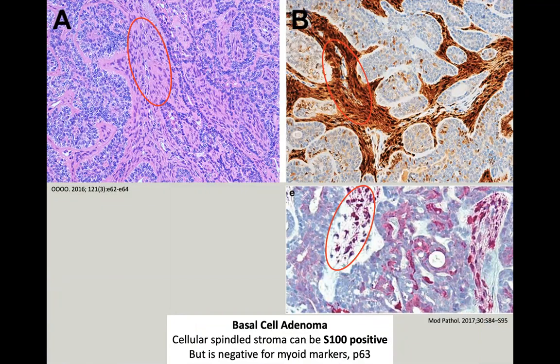Interestingly, in the basal cell adenomas, you have S100 diffuse strong positivity in these spindle cells of the background stroma between these nested glands and ducts. So just something to keep in mind that can be helpful with S100 in basal cell adenomas.